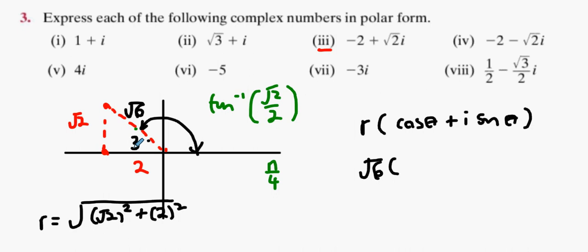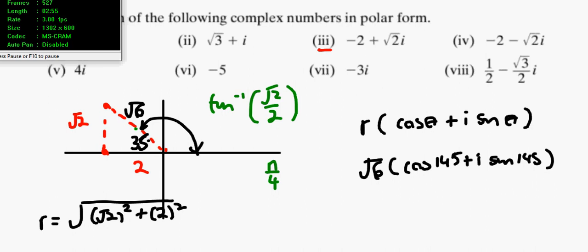Now, 35 degrees is not what I'm looking for. What am I actually looking for? 180 minus 35, which is? Anybody? So, root 6 cos 145, i sine 145. Is that okay with you guys?